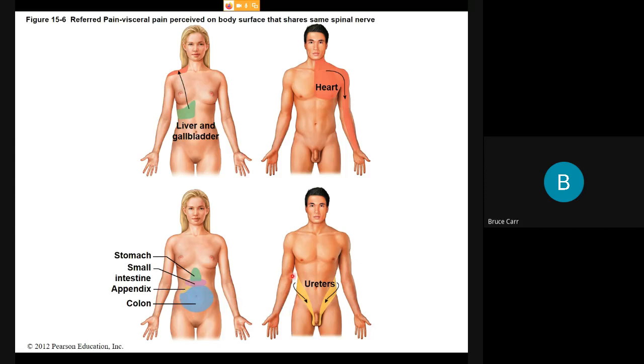The ureters are spread out, arcing around the body, sort of like following the track of a spinal nerve as it comes, arcs around, and descends. If there is a pain in the ureter, such as a kidney stone is moving through it, it will produce this kind of converging pain down through the pelvic and inguinal regions.